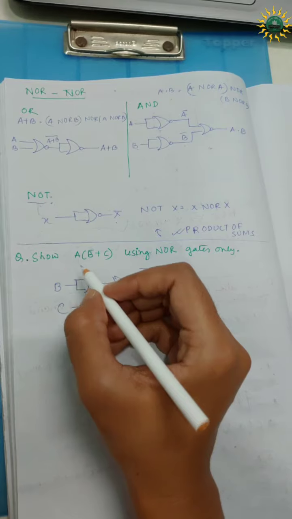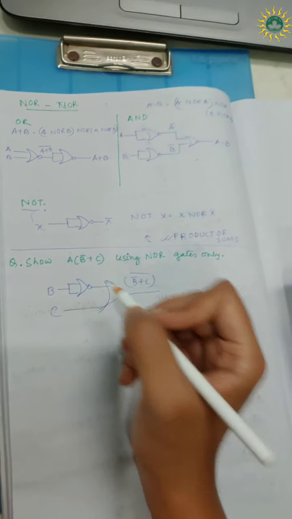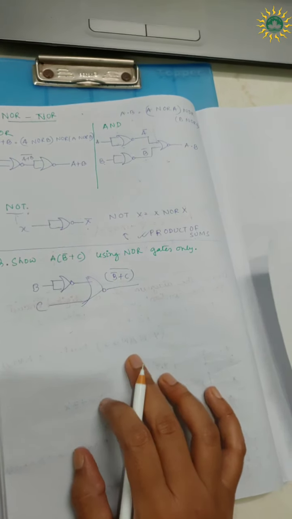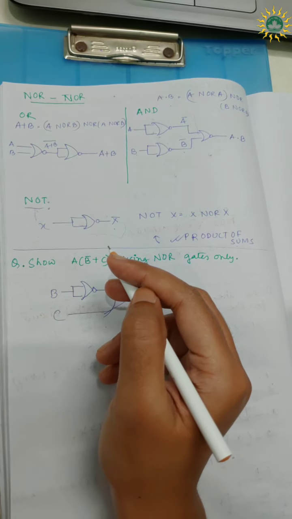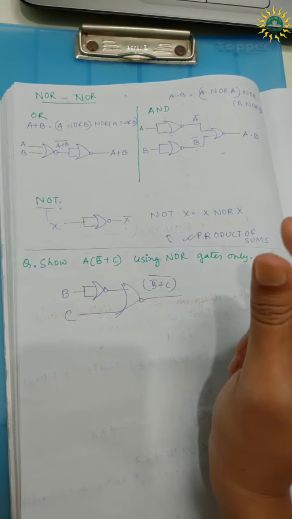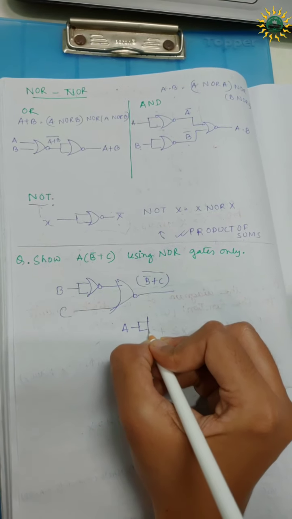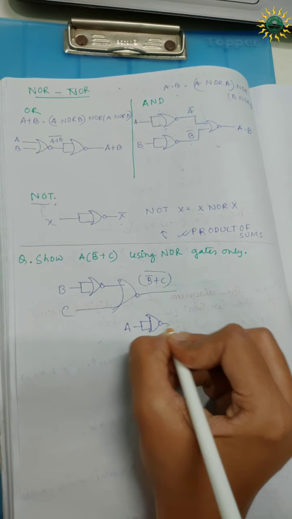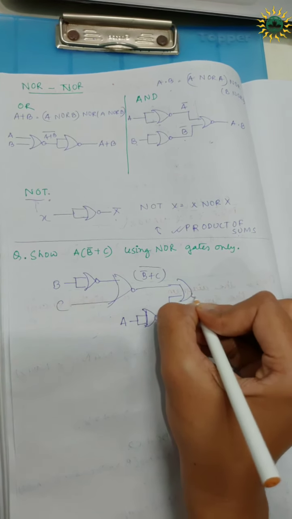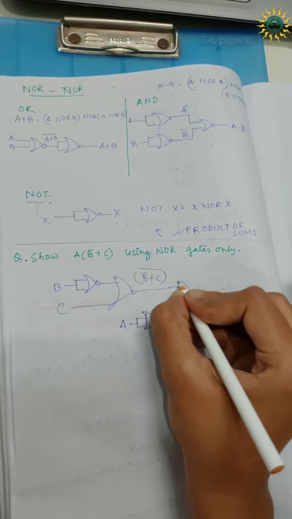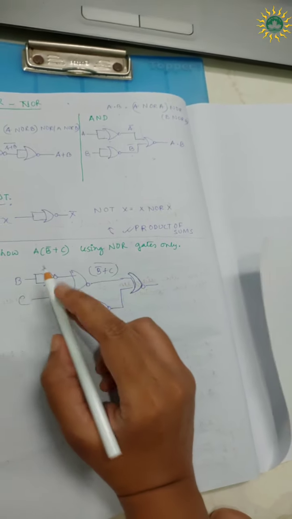Then again you have A. So you actually have to break it, you know. I'll show you why. This is a little tough. Sorry. I know I drew it very poorly, I'm sorry for that. Okay, so why did I do this? Because A didn't have any bar, right?